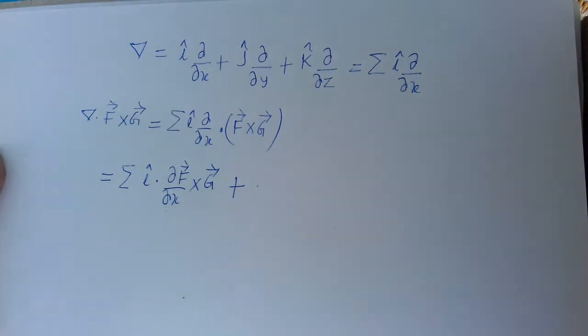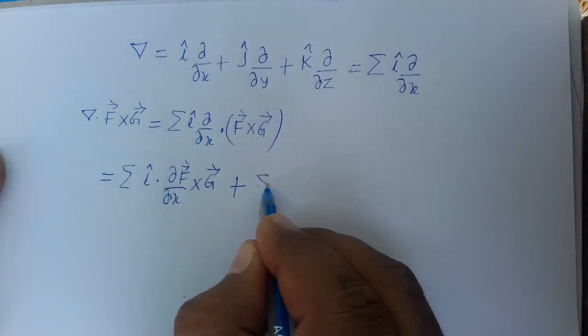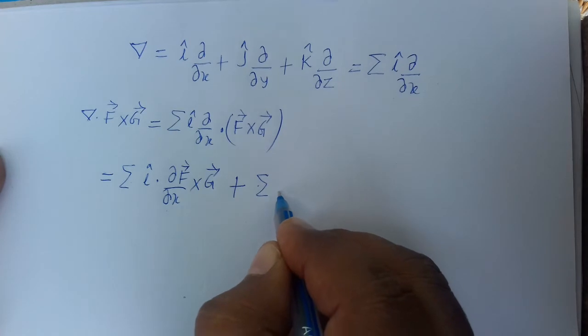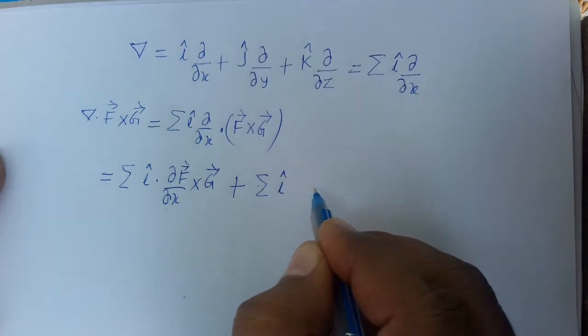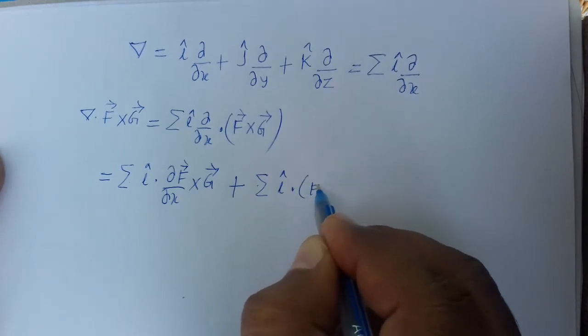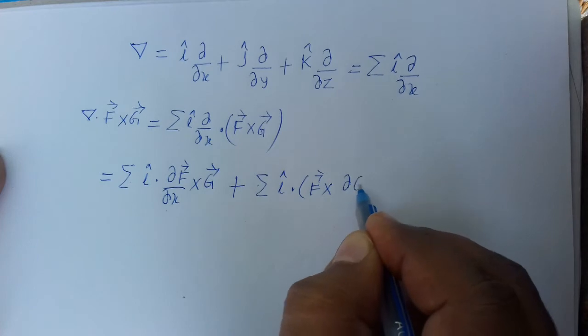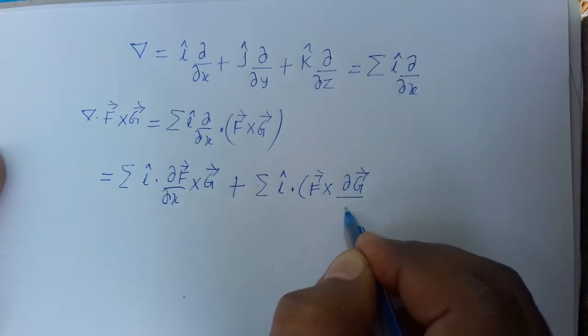You see this expression, and the next term will be i cap dot f cross del g by del x.